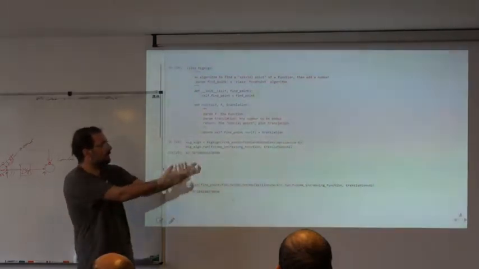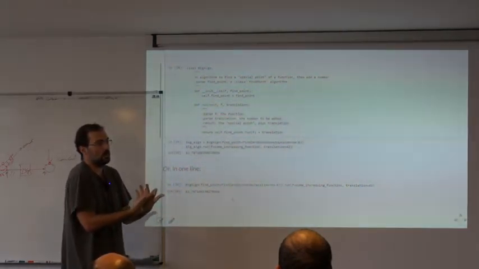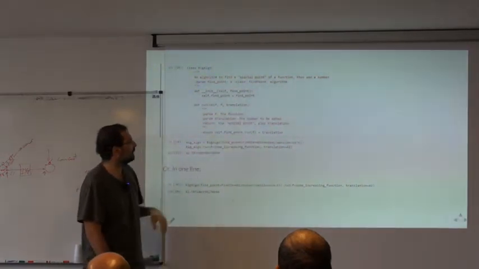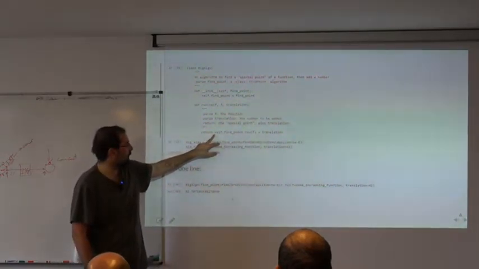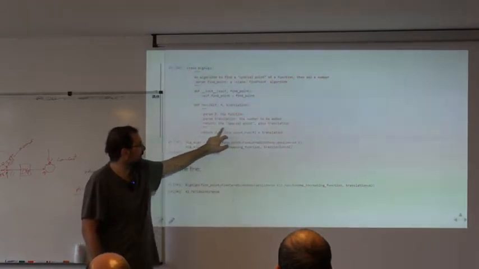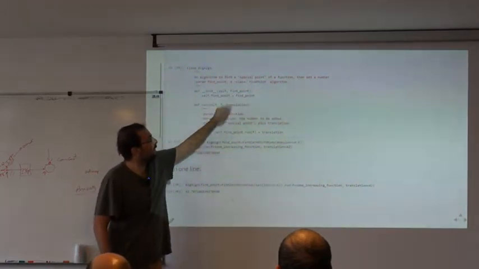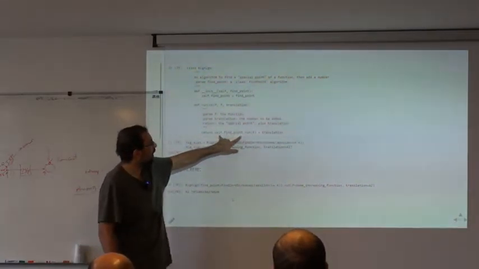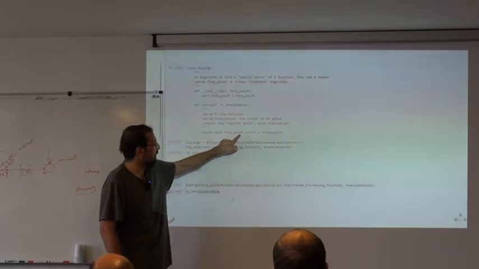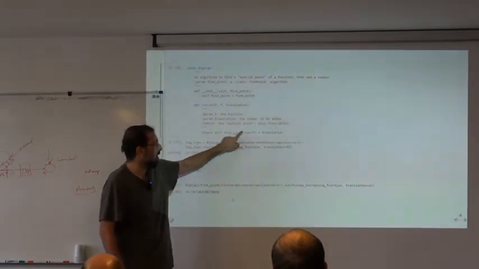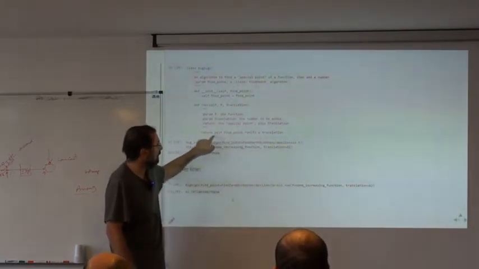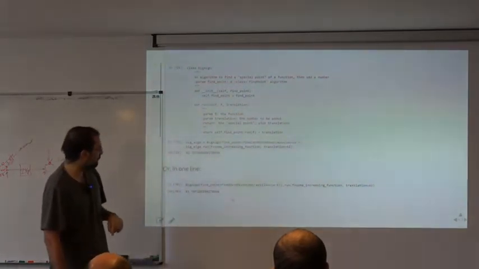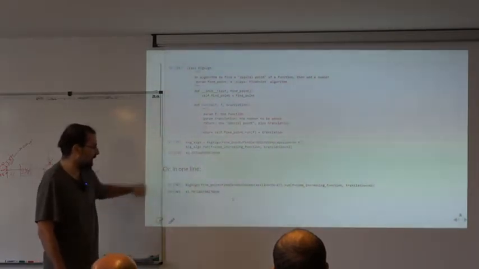And now when I run the big algorithm, I take the arguments, which are the function and the amount of translation, and I just do self.find_point. So this is the find point object that I put in the init. I use the run method of this find point object to find the 0 or the argmin or whatever. And then I add the amount of translation. Okay, so this is just an example.